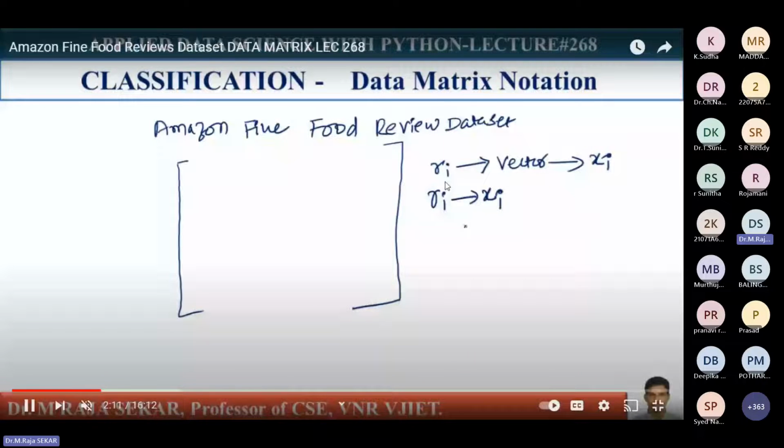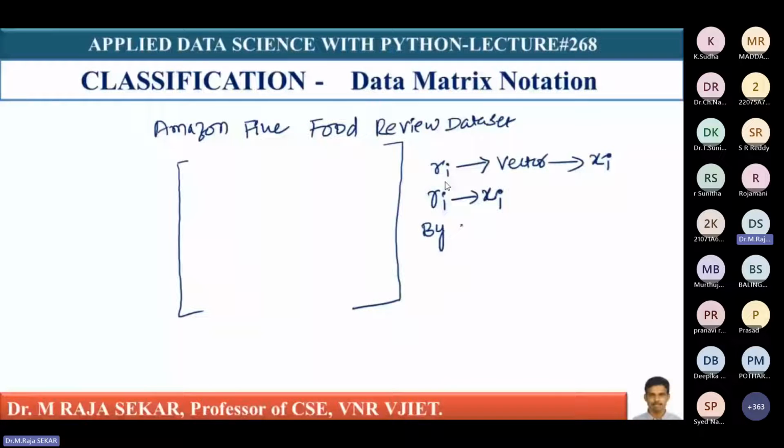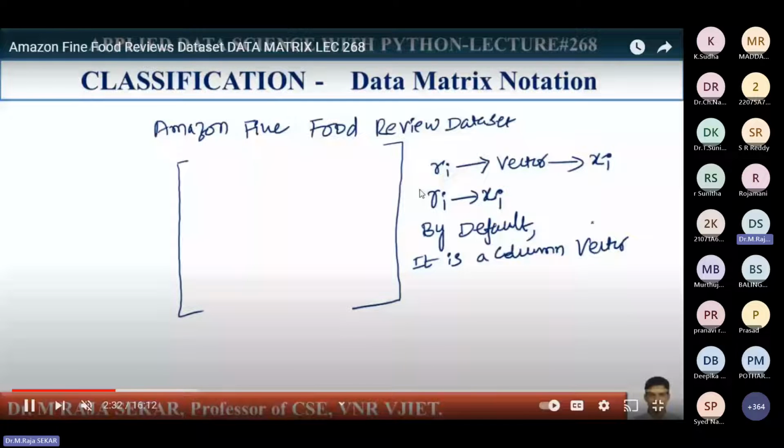Maybe in this particular data set there are a few lakhs of reviews. As per my understanding, there are 5,68,454 reviews. Just try to recall. Generally, I'm saying Ri.